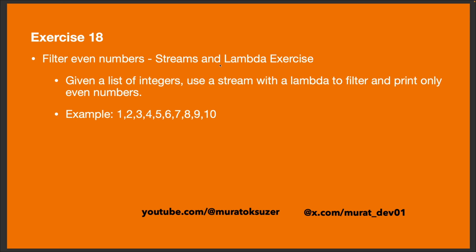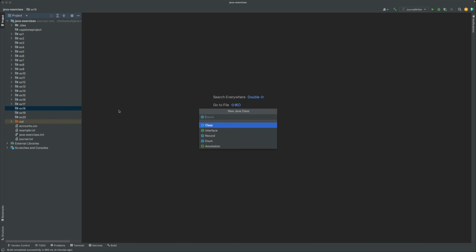In the next couple of exercises, we will practice streams and lambda. In this one, we will filter and print only even numbers of an integer list.